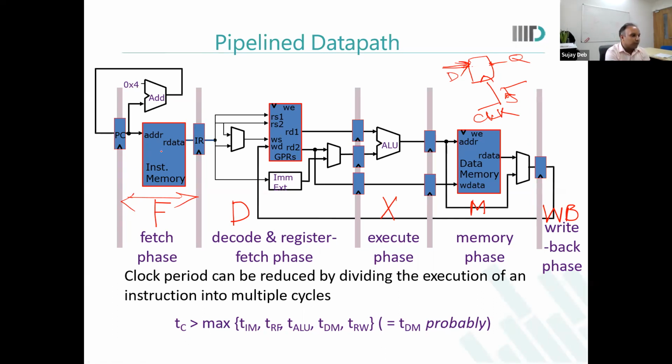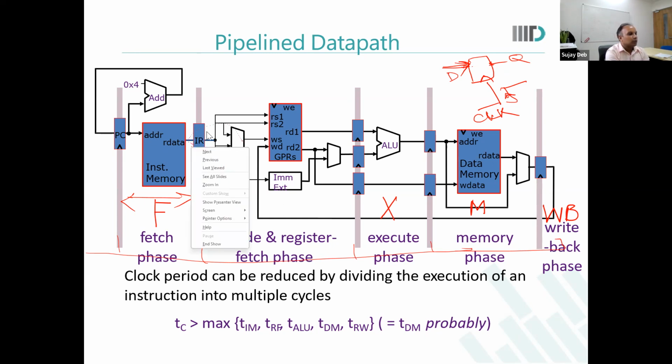Every flip-flop is connected to the same clock, and the moment the clock edge comes, you allow the result of this stage to go to the next stage. The next stage works on this data and is ready with the result before the next positive edge of the clock comes, and you keep on doing it like this. Now what determines the clock frequency at which you can operate?